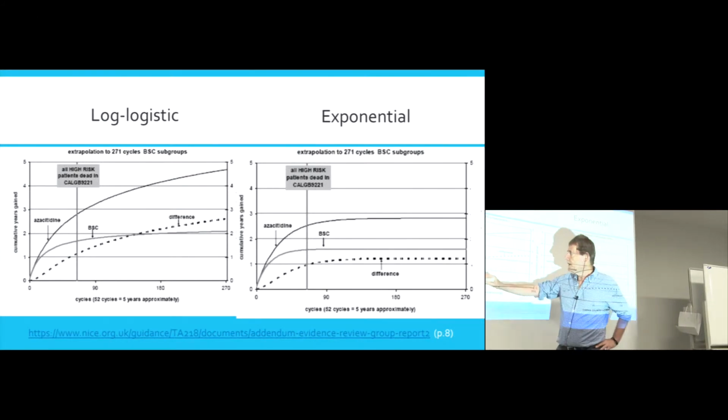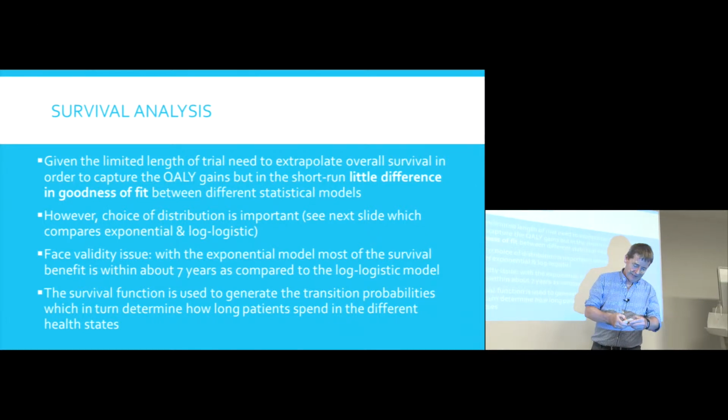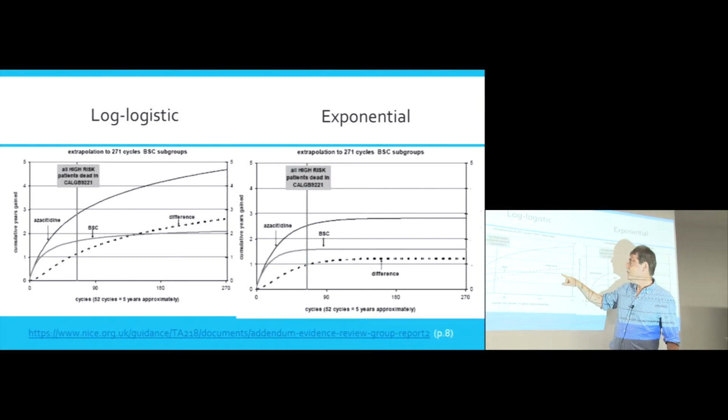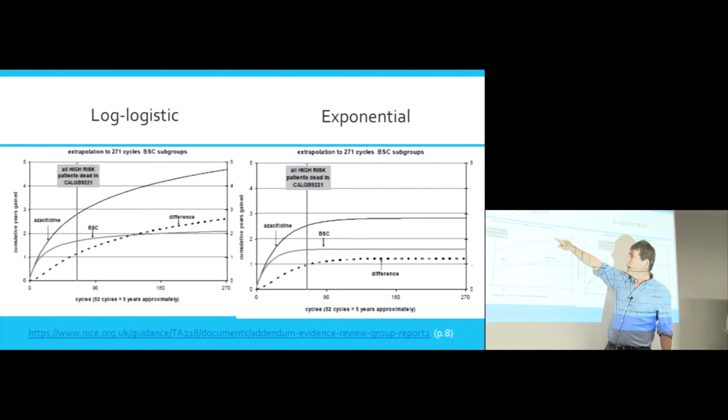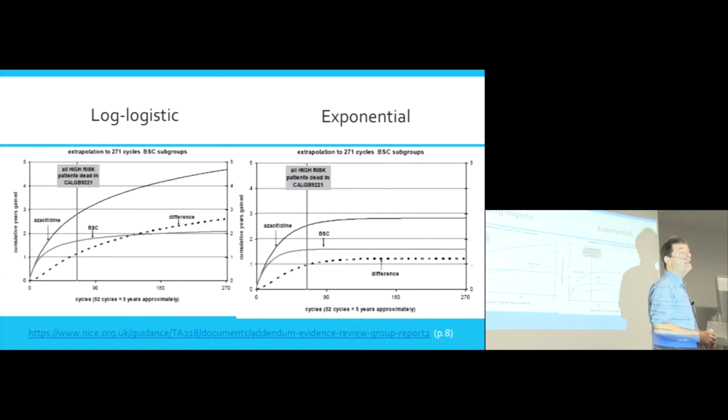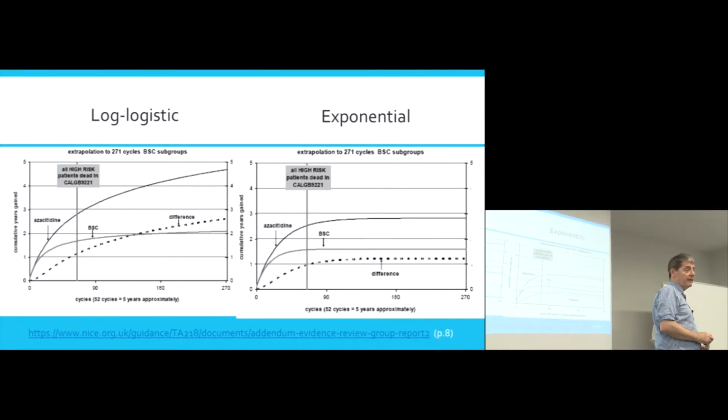Ignore the dotted line just now. The two solid lines, the upper one is drawn for azacitidine, and the lower one, BSC, or best supportive care.